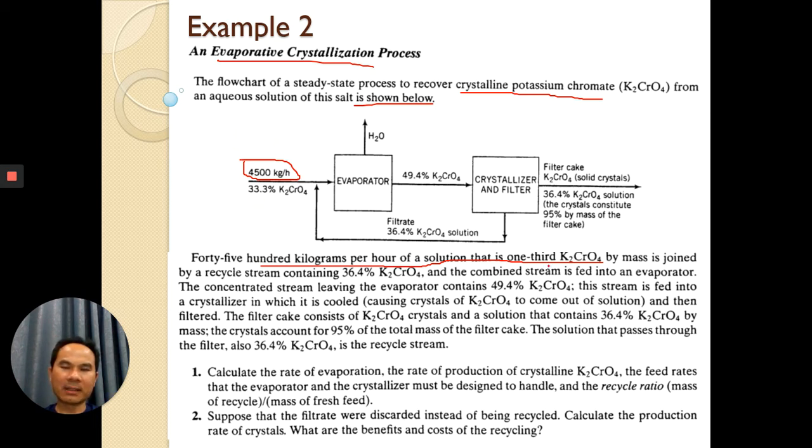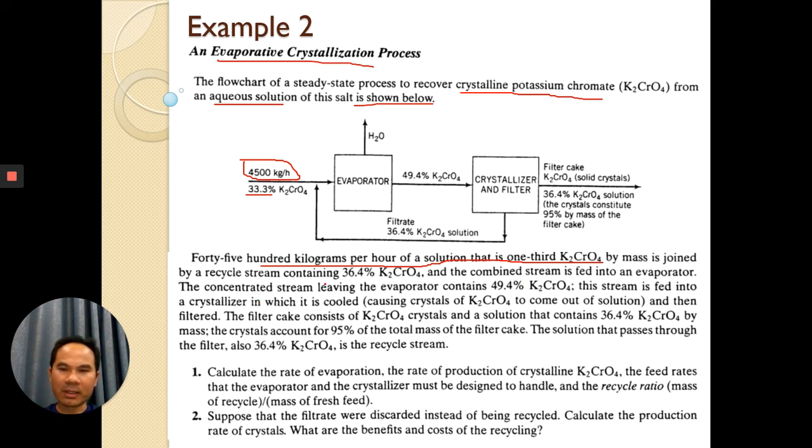This contains 1/3, meaning 33.3% potassium chromate, dissolved in water. The remaining is water, 66.7% water.